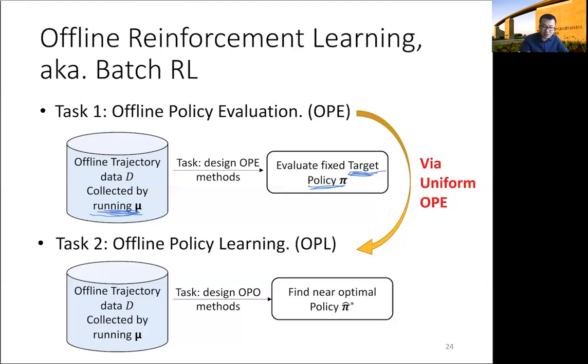These tasks are related to each other via the so-called uniform convergence in off-policy evaluation. The idea is exactly the same as the uniform convergence that we talked about in the earlier part of the lecture. The key challenge is not being able to use the same data to evaluate this policy, because this policy is selected by optimizing a certain performance metric on the same data set.